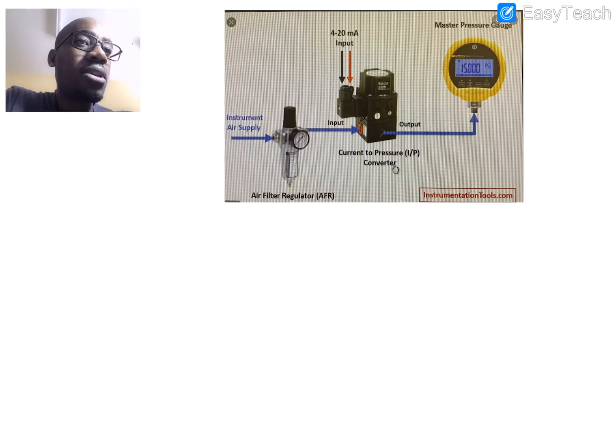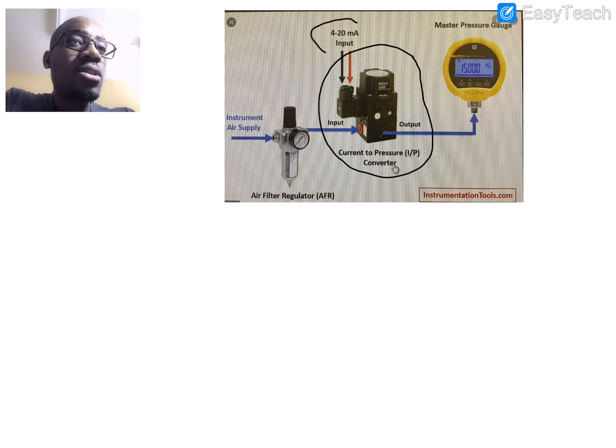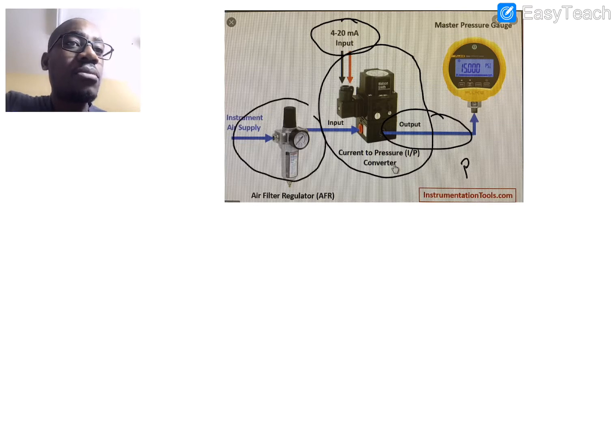An I2P converter is this thing I'm circling now. You see there's an input in current form between 4 to 20 milliamp and the output side. That's where you get the pressure conversion. The output pressure that you get needs to be supplied from the compressor.